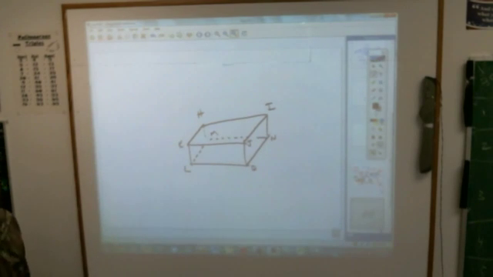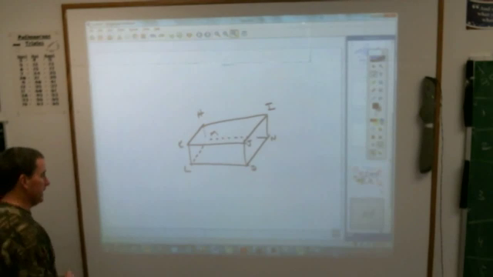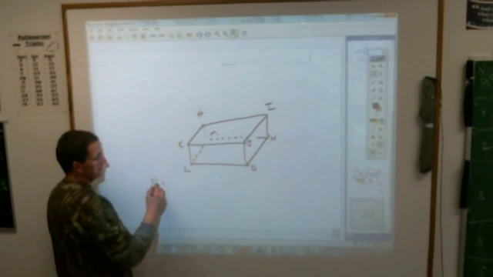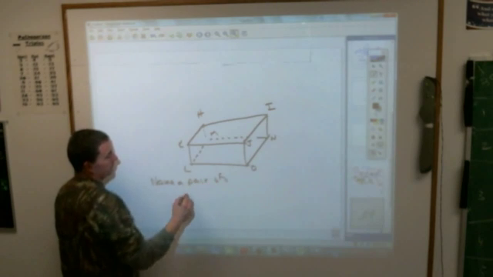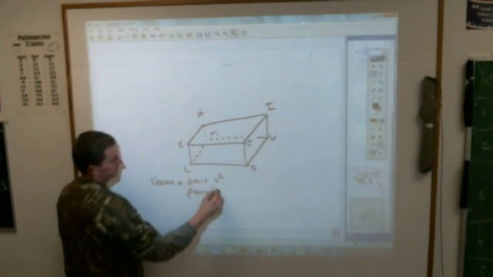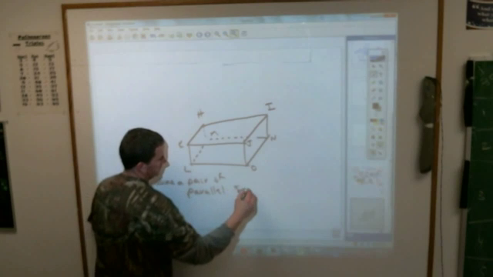And here's a question right out of the book. It says, name a pair of parallel segments.